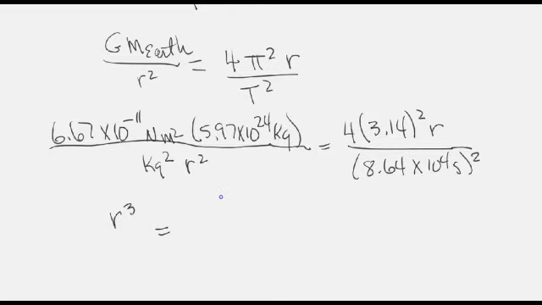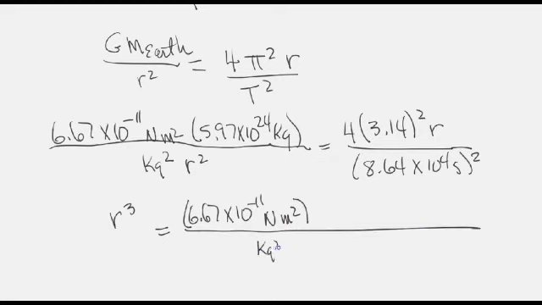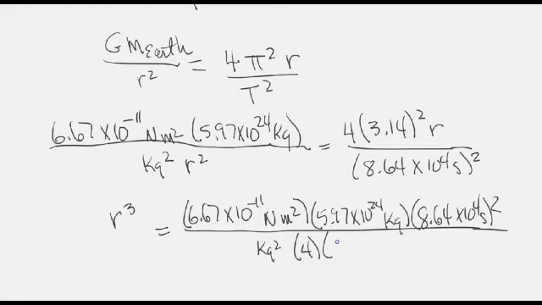It's going to give us an equation to solve for r cubed, equal to 6.67 times 10 to the minus 11 Newton meters squared over kilograms squared, times the mass of the Earth, 5.97 times 10 to the 24 kilograms, times the period squared, 8.64 times 10 to the 4th seconds squared, and in the denominator we have 4, 3.14 squared.